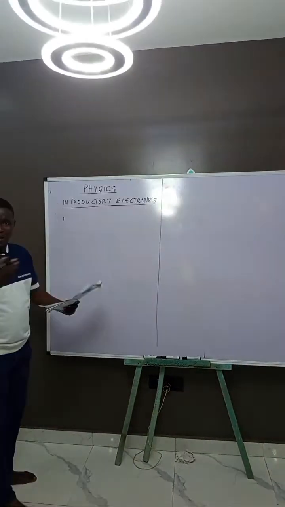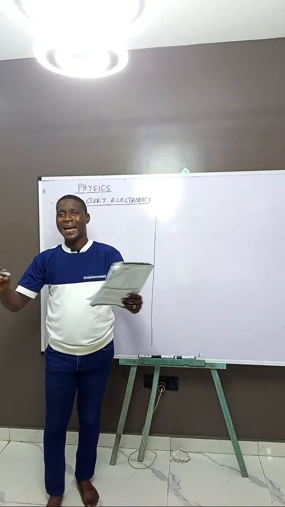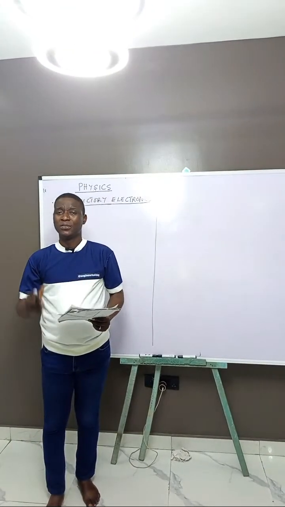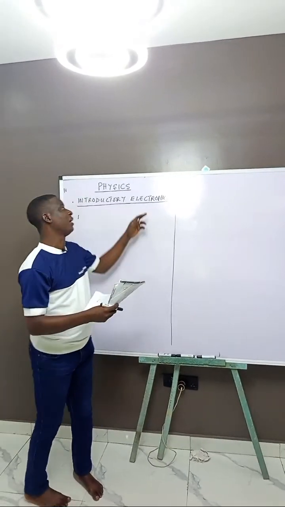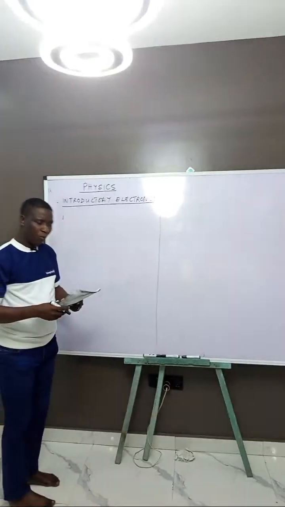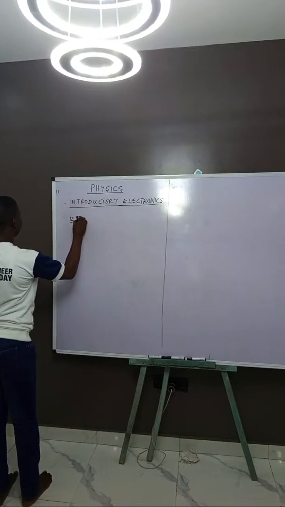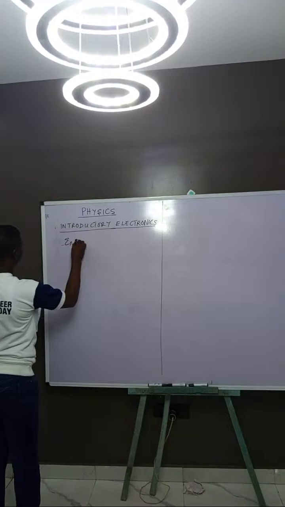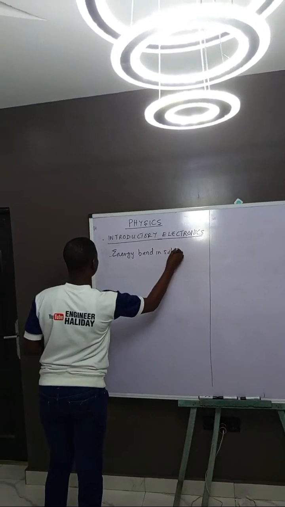Now we also have semiconductor. Actually, these are materials that lie between conductor and insulator. So these are the materials we are going to be looking at in detail, using electronics to explain them. One thing we have to look at first is the energy band in solids.